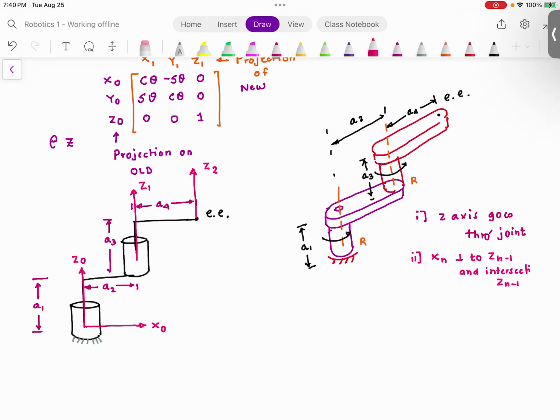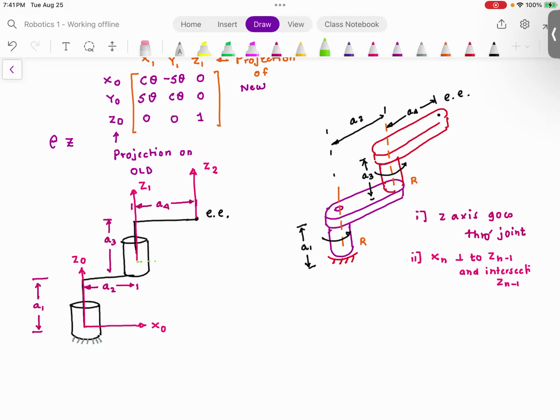Now comes the important question. Where should I draw X1? You agree with me? X1 has to be perpendicular to Z1 because it's part of the triad. But that X1 should intersect Z0. This is a very important problem, so please try to understand.